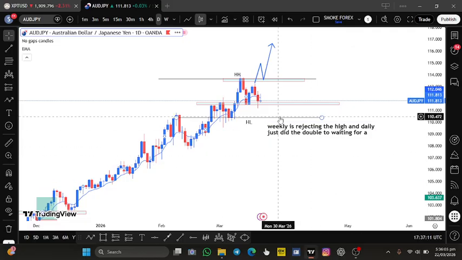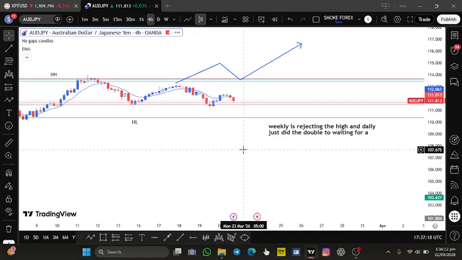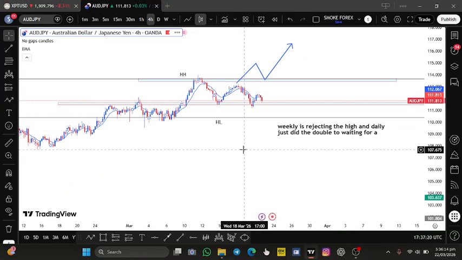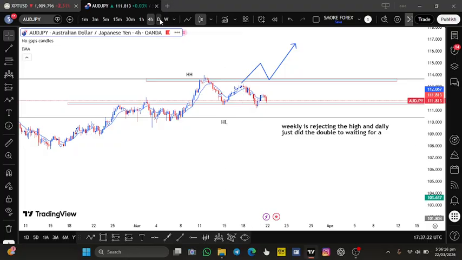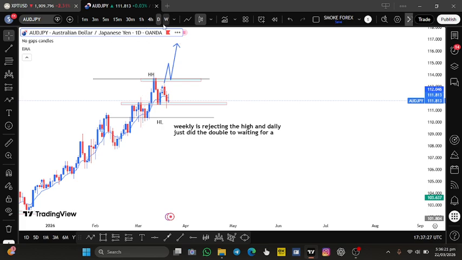So what do I want to see? I do want to have my break and the retest either on the 4 hour or on the daily. Yes, that's what I'm waiting for. This is also a clean setup, I'm not gonna lie.